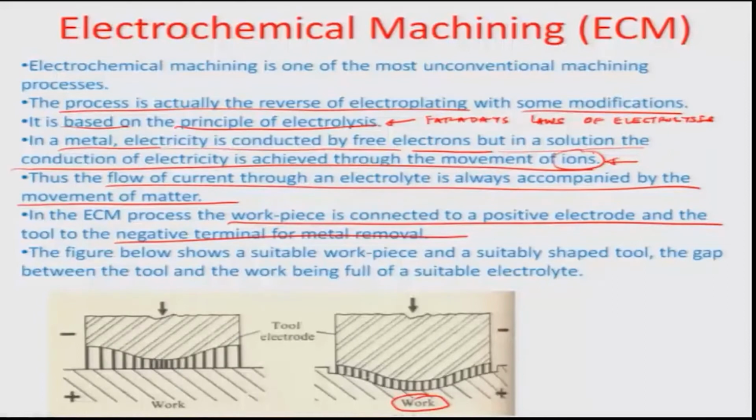The figure below shows a suitable workpiece and a suitably shaped tool, and you can see that this is the start of the process. So this is the beginning of the process, and this is how it looks as the process goes to equilibrium.